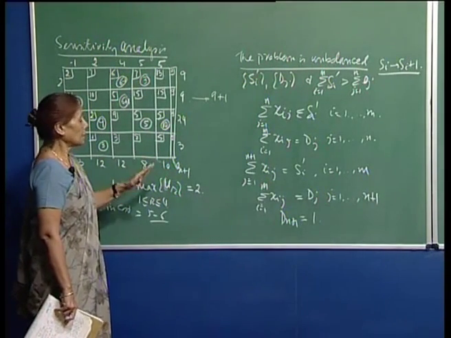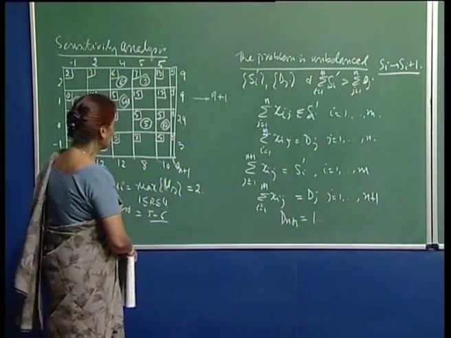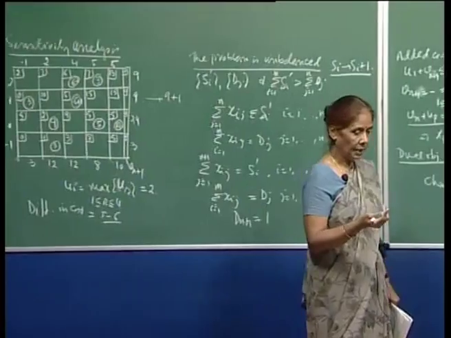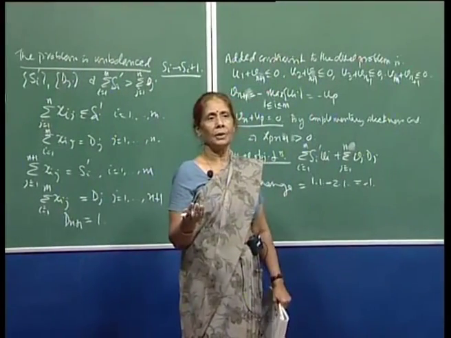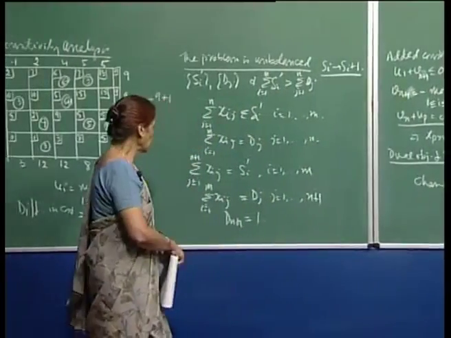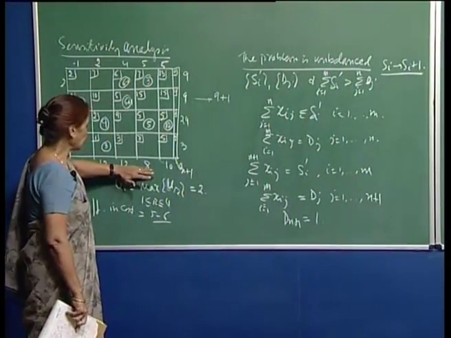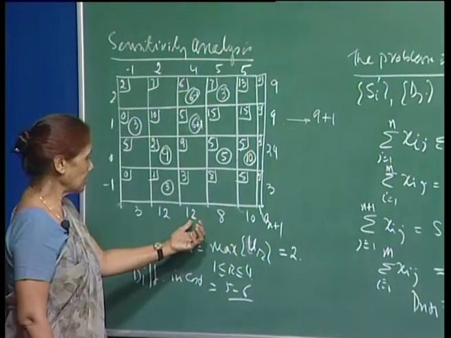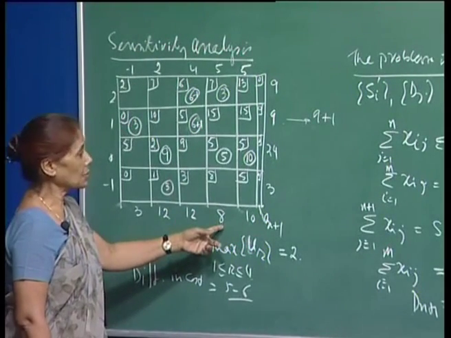Or the other case, which I will look at now, is that you simultaneously change a particular supply point and a particular demand point. Remember, for feasibility you need a balanced problem. If you want to satisfy the demand constraints as equality, then if you raise one demand, some other demand must go down.